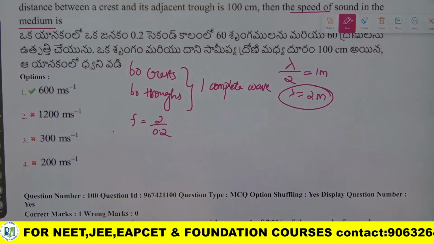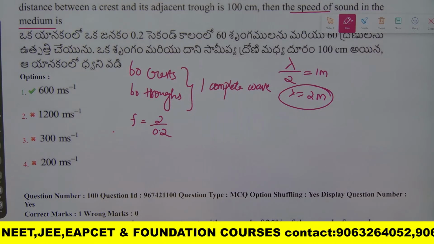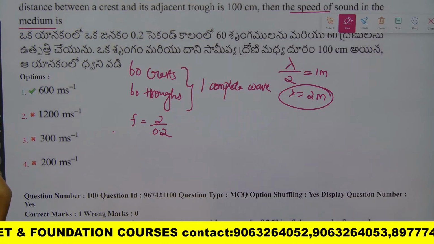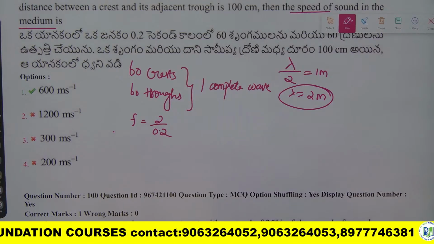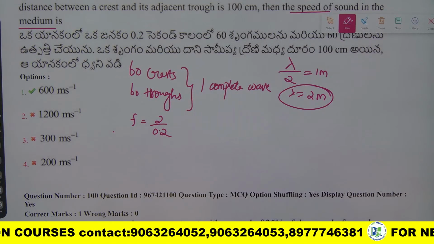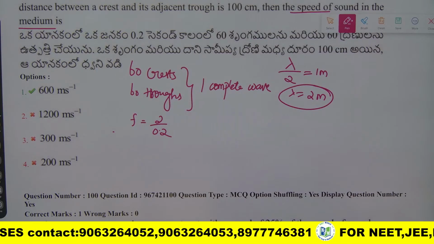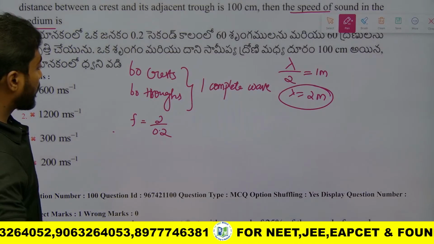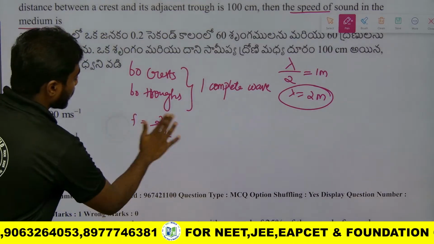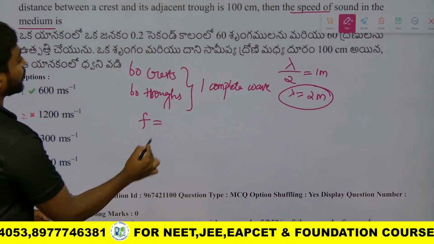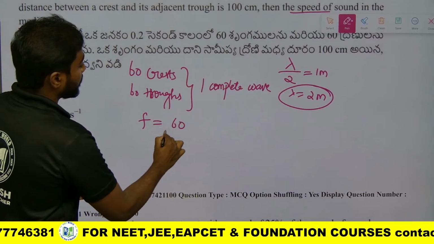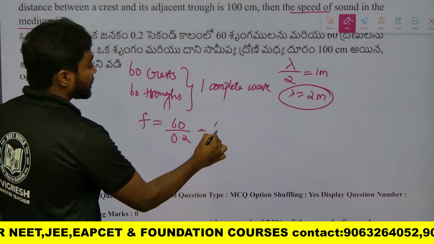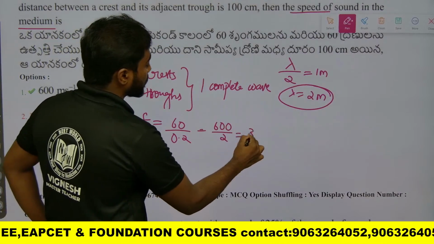Now the speed I need to find. What is the speed formula? V is equal to frequency into wavelength. Listen, see here, the number of waves is 60. So 60 by 0.2, 600 divided by 2 is equal to 300.